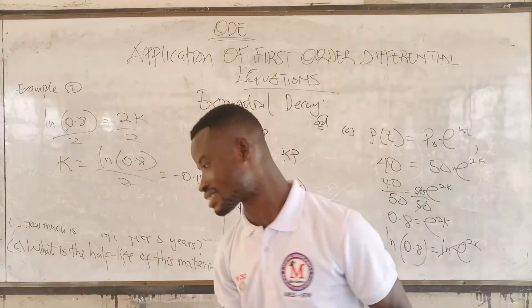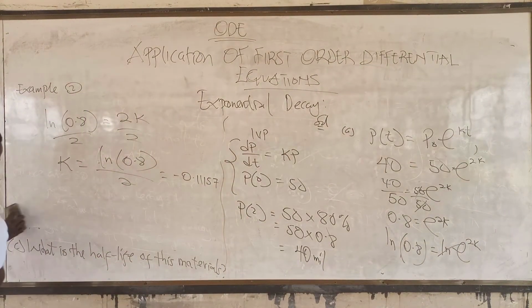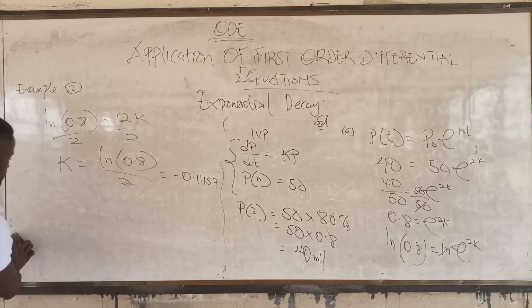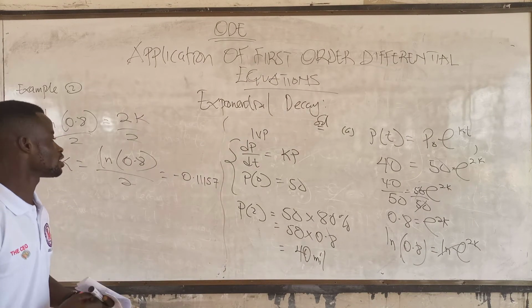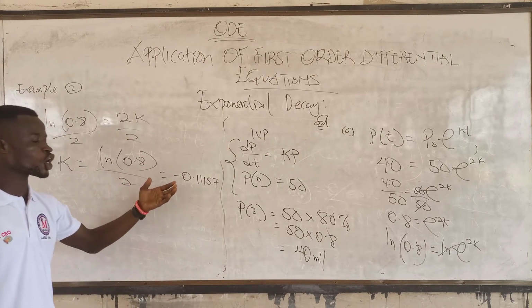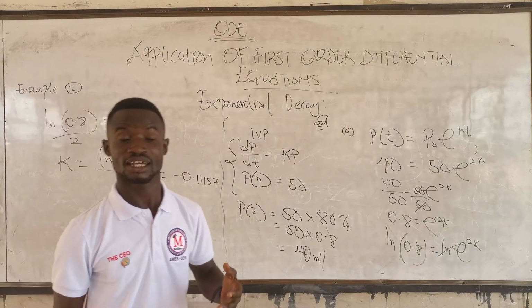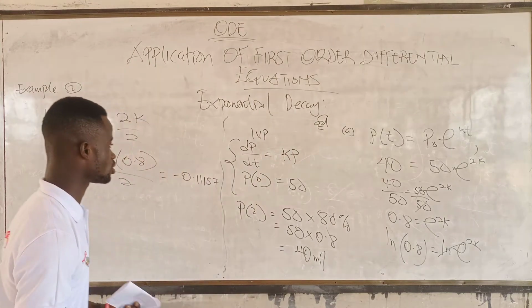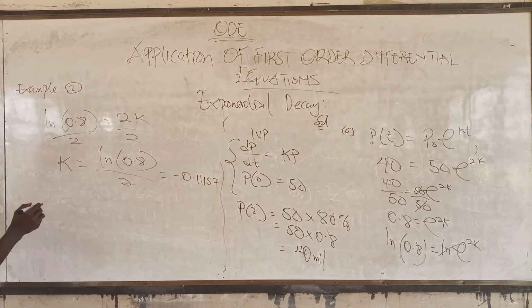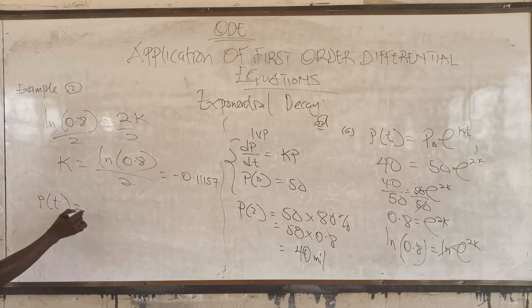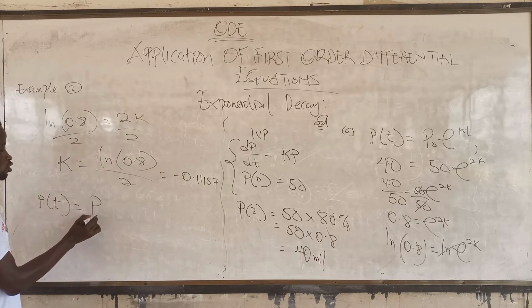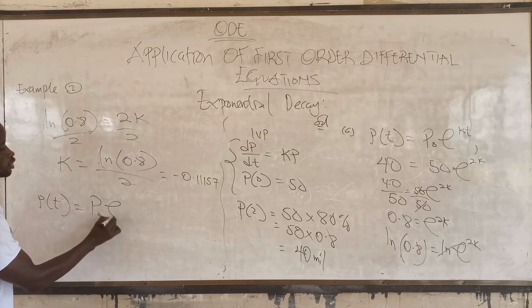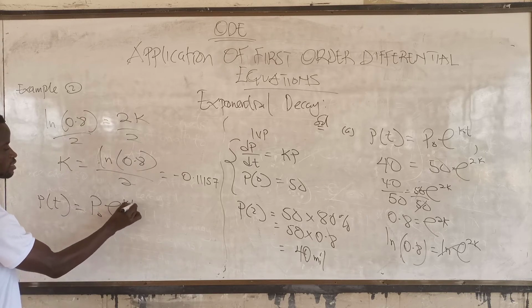So for you to write the equation, now, after getting the constant of proportionality, that doesn't mean that you have ended with the question. You have to write an equation. So here, you now come back and write the equation. P of T is going to be equal to P naught e raised to the power kt.